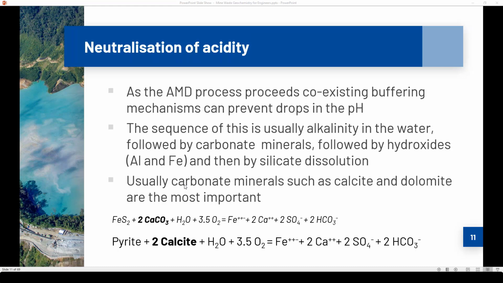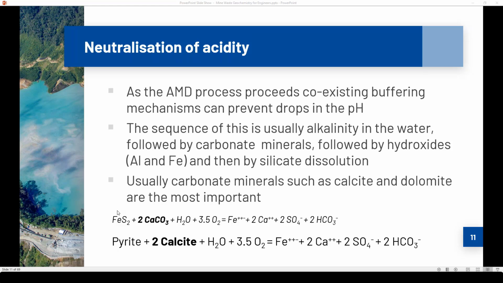And that is because the rates at which the acidity gets generated and the rates at which many of those hydroxides and silicates can react are not well matched. So it's only the carbonates that are usually effective in preventing that acidification.